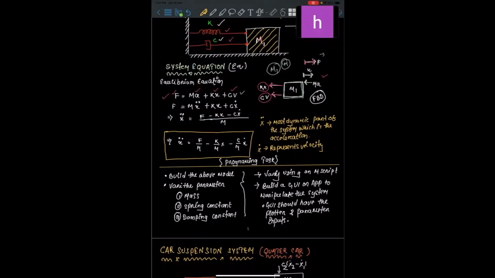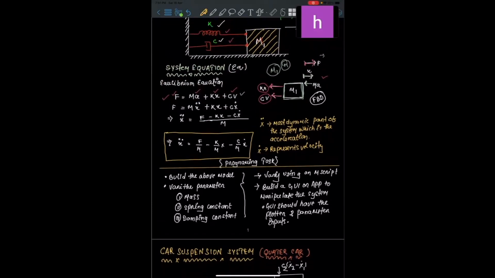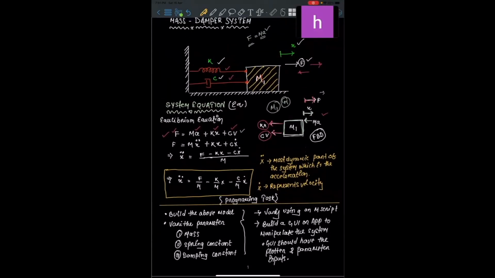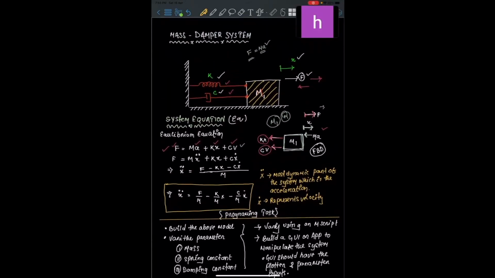Now coming to how I should write the same equation in the form of a state equation or a system equation. Acceleration I can write as a is equal to d squared x by dt squared, right? And velocity I can write as dx by dt.